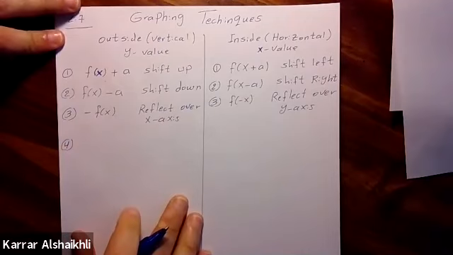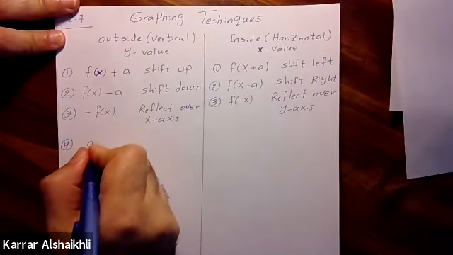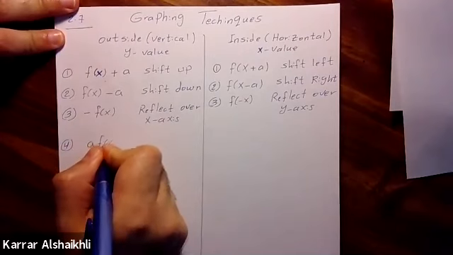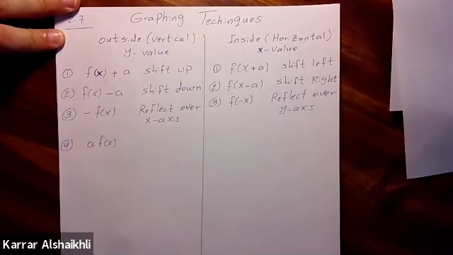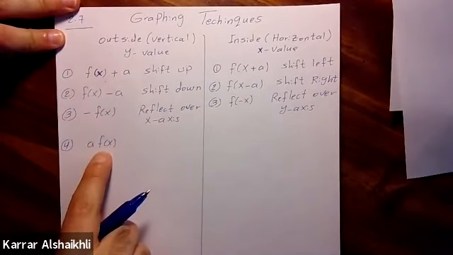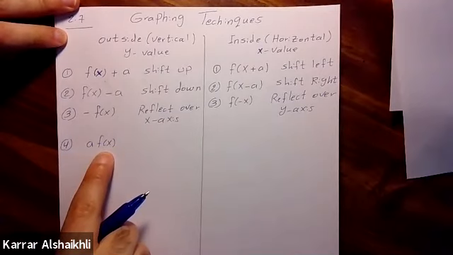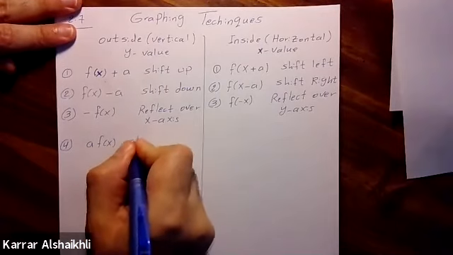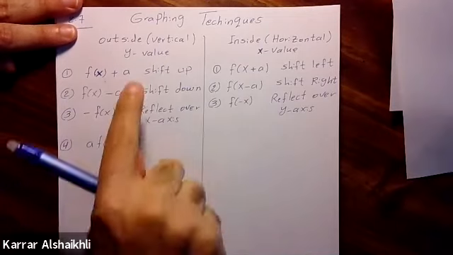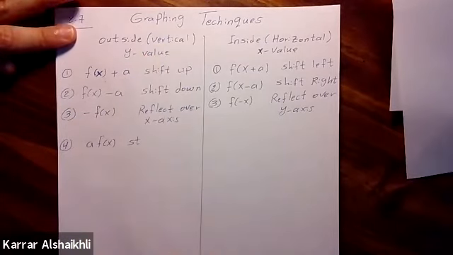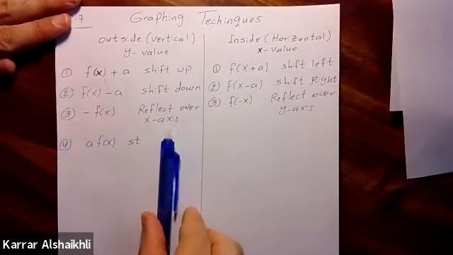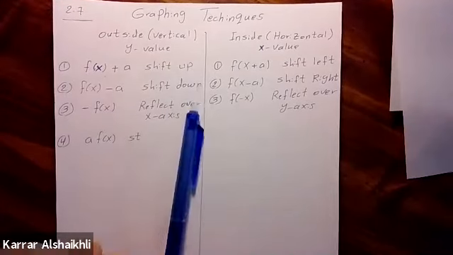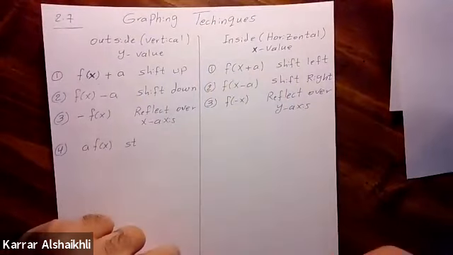If we have a number times the function, like 3 times the function or 4 times the function, it is going to be stretched by the number. That means you're going to stretch vertically. Here is the function. You're going to hold the function from the bottom and stretch it up. How many units are we going to stretch?